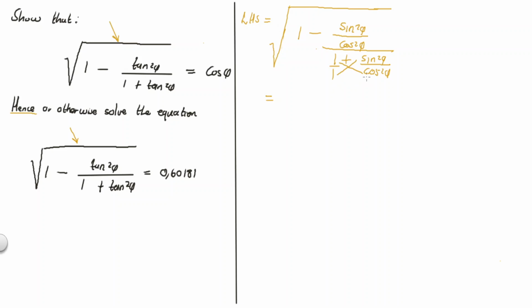But what I do, I take this denominator and multiply by that numerator, this denominator by that numerator.